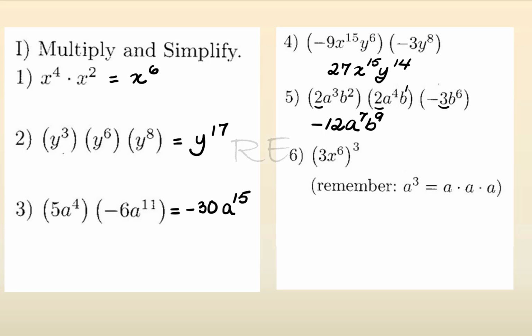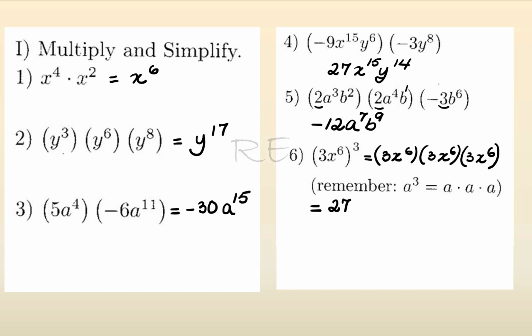B to the 9. Now, we need to understand that a cubed is a times a times a, 3 times. So 3x^6 cubed is 3x^6 times itself 3 times. When we rearrange the factors, 3 times 3 times 3 will be 27.